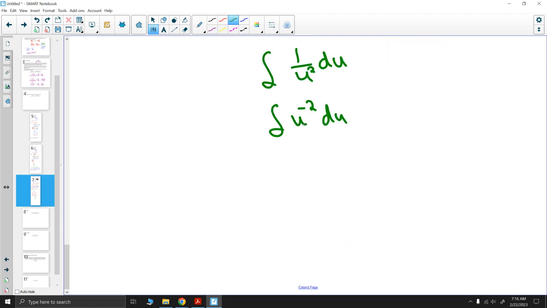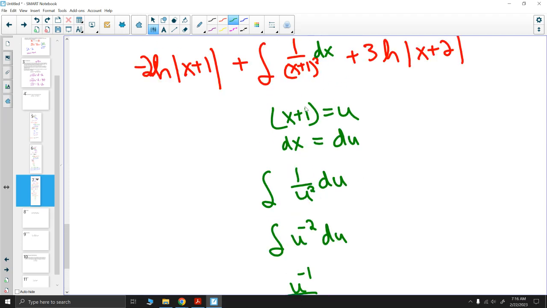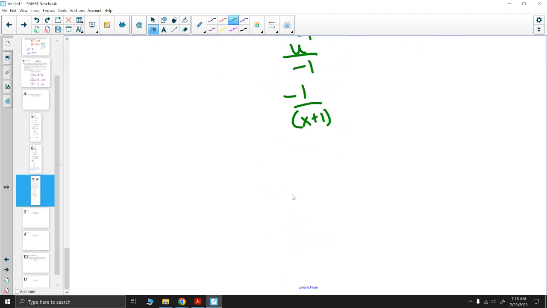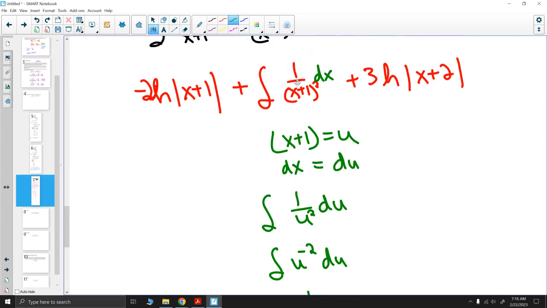So the integral of u to the -2 is going to be u to the -1 over -1. So that is to say it is -1 over x plus 1. So this one required a little bit of thought, but these ones are easy.